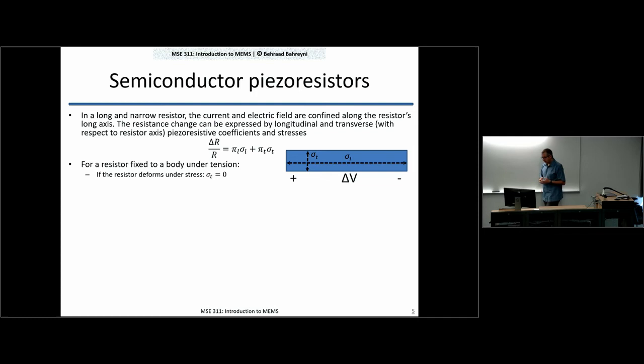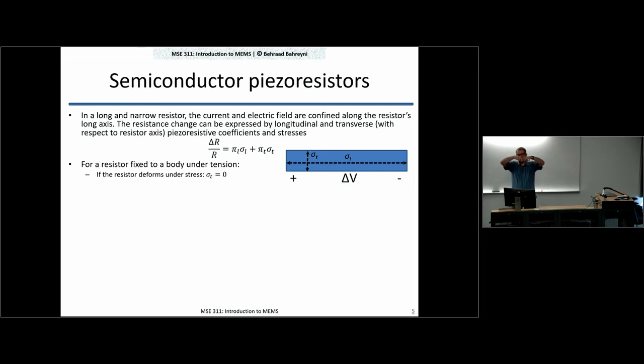Now, if you're using a piezoresistor to measure the stress inside a larger body, which is usually the case, this situation happens a lot in MEMS, your piezoresistor is actually part of that body, right? It is deforming with that body. When does that happen? We said that piezoresistors can be made out of crystalline silicon.